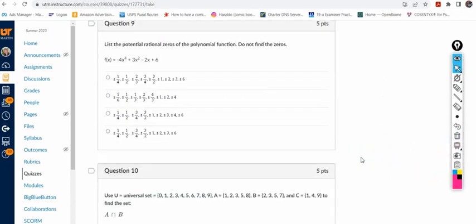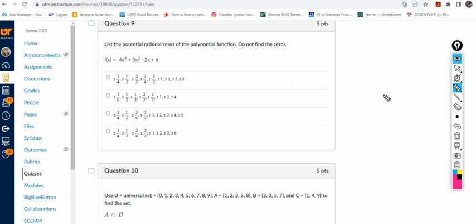All right, so this is the rational zeros theorem. So we can see here P is equal to -4 and Q is equal to 6. Let's try it one more time.